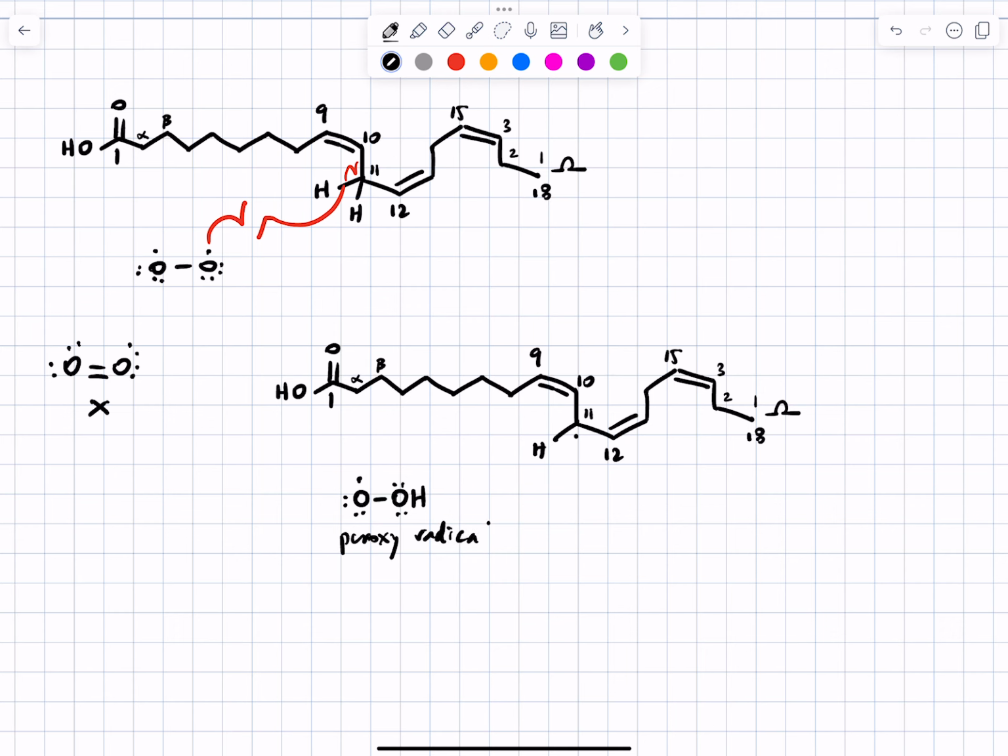And on the other side, what's left over here is a resonance stabilized radical.